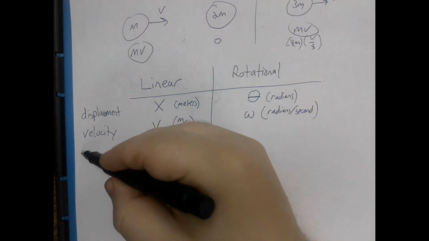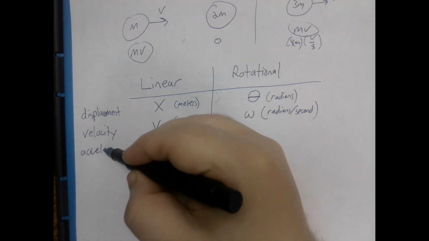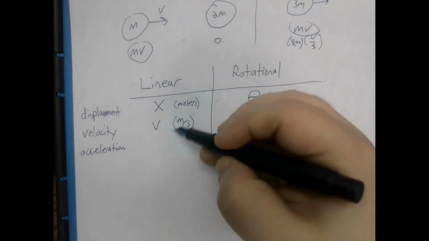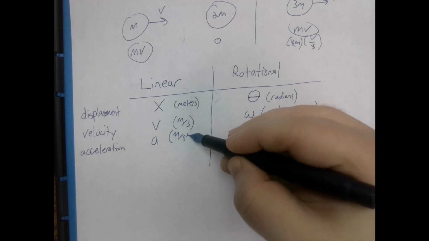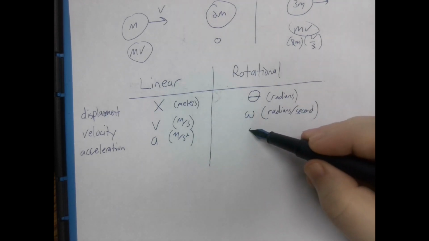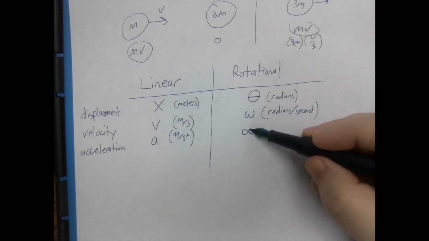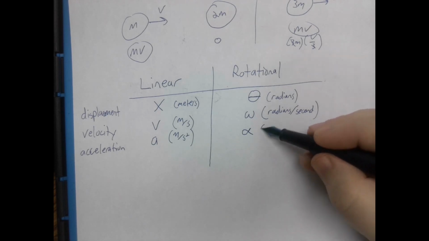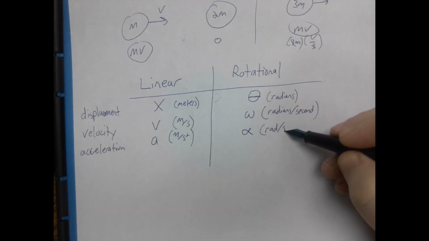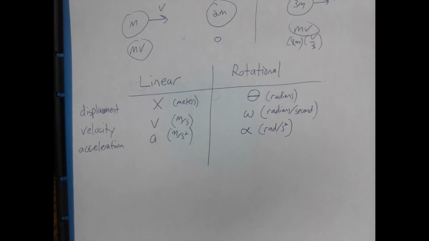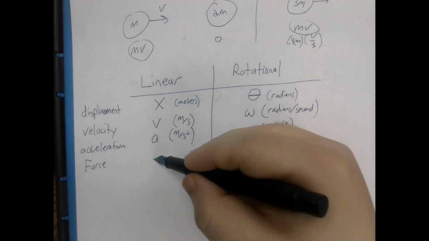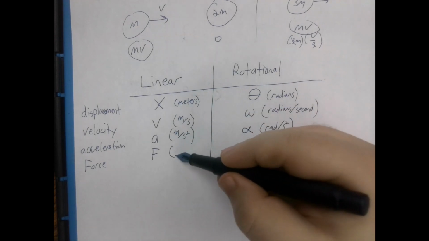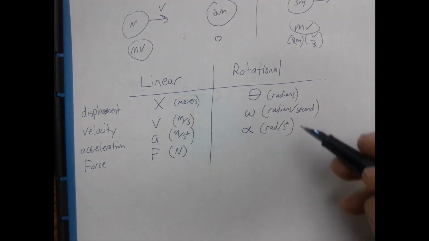For acceleration, linear acceleration is just a, and it's in meters per second squared. It's alpha. This is rotational acceleration, and it's in radians per second squared. We have force. Force is F. It's in newtons.